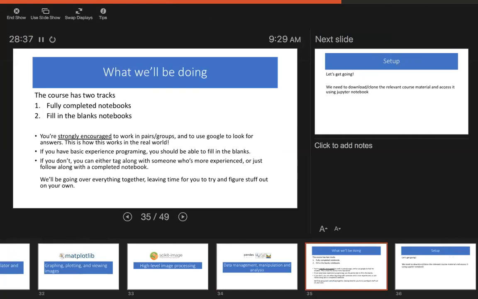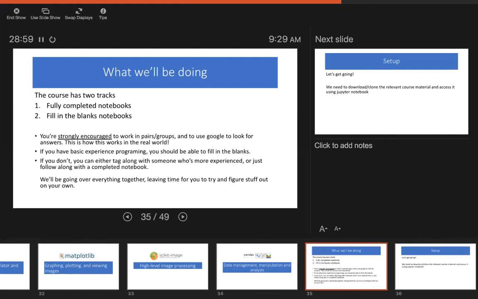Now, the structure of what we are going to be doing over the next 3 days. We're going to go over the setup and downloading everything and making sure we can start doing things in a few minutes. When we download the course material, you're going to find 2 notebooks.